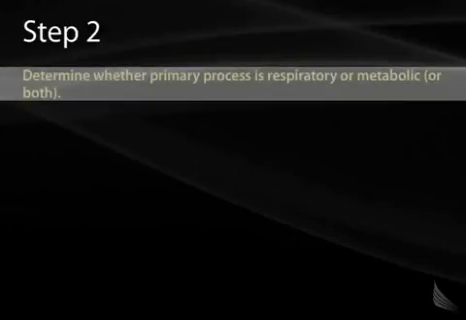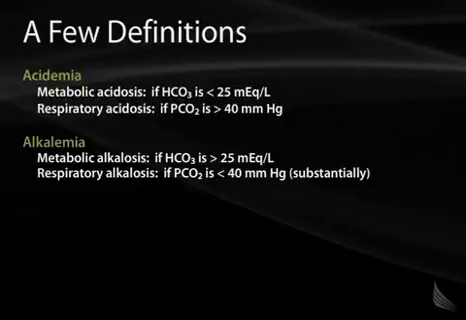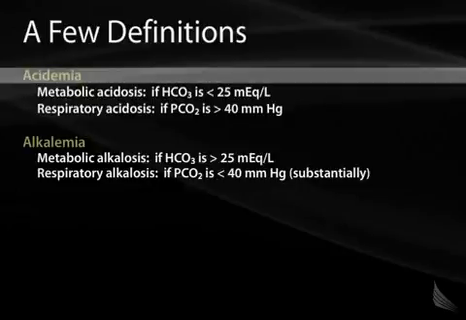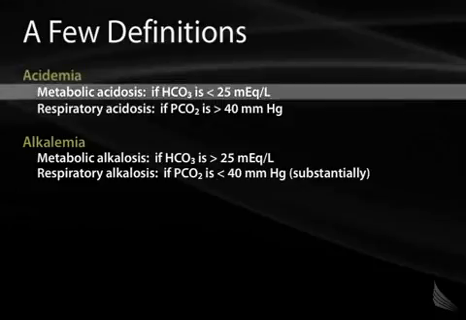Step 2. Determine whether the primary process is respiratory or metabolic, or both. Once again, acidemia occurs in the setting of both metabolic acidosis and respiratory acidosis. Metabolic acidosis is the primary cause of acidemia if, in the setting of a low pH, the bicarb level is below the normal range, or less than 25 milliequivalents per liter.